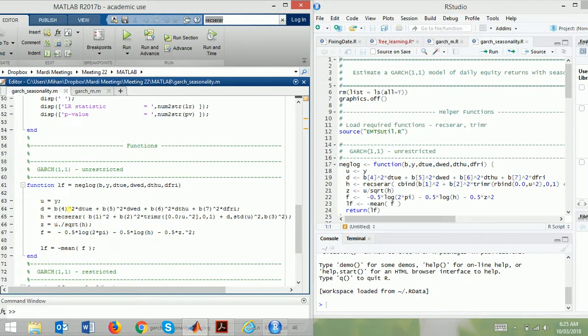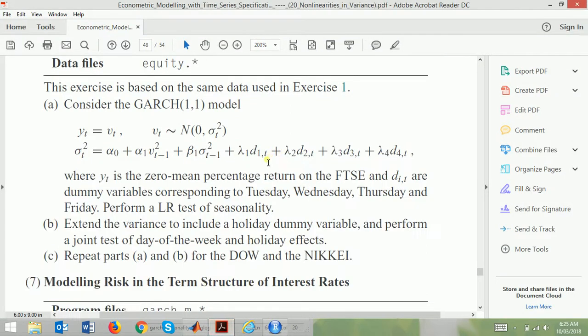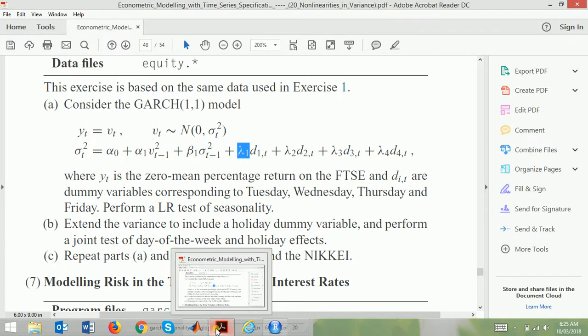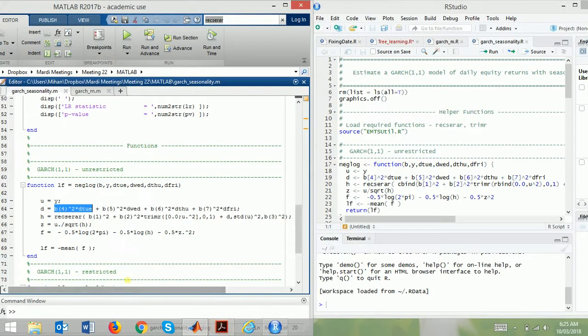So obviously u equals y just before. Then the dummy variable starts from the fourth parameter, which is squared. Yes, the dummy variable appears in the fourth parameter, which we are squaring and multiplying with the dummy variable.